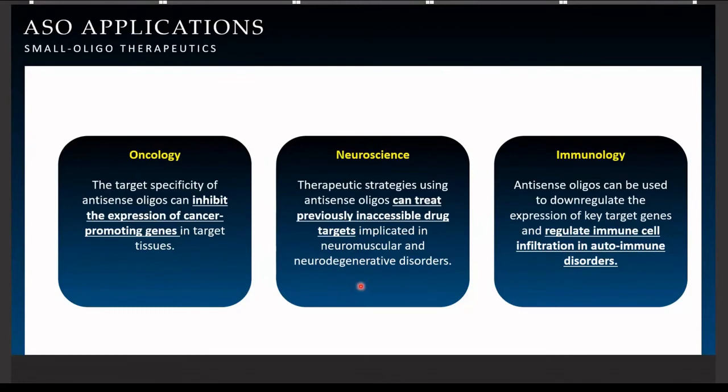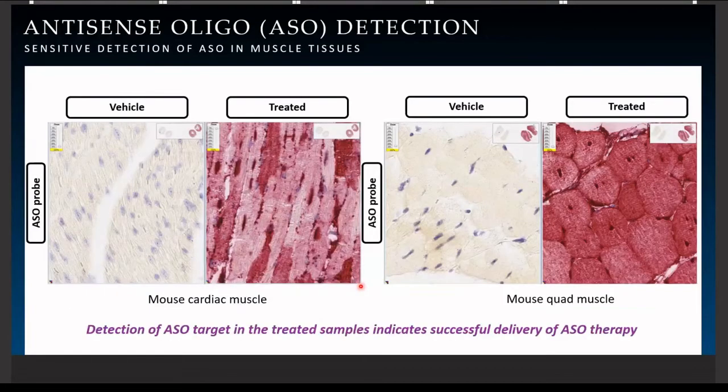So an example again here from one of our customers, they designed an antisense oligo therapy and specifically treated muscle tissues. We have here a vehicle-treated panel and the actual treated tissue for mouse cardiac muscle. And using our ASO-specific probe, they were able to show that they were successfully able to treat this particular tissue using their ASO.